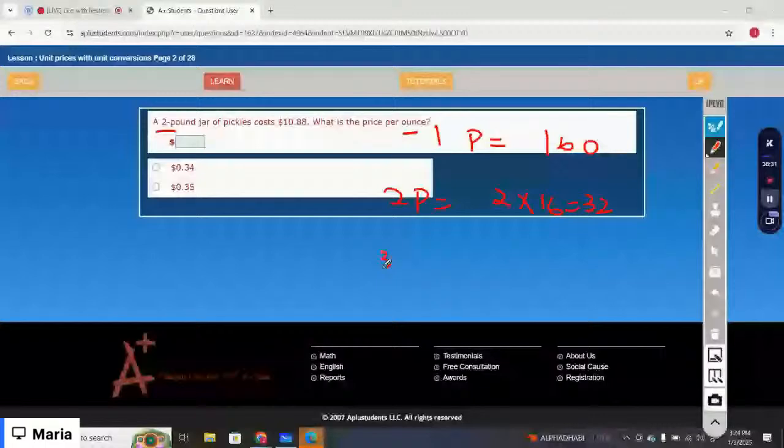You need to calculate the price per ounce, right?